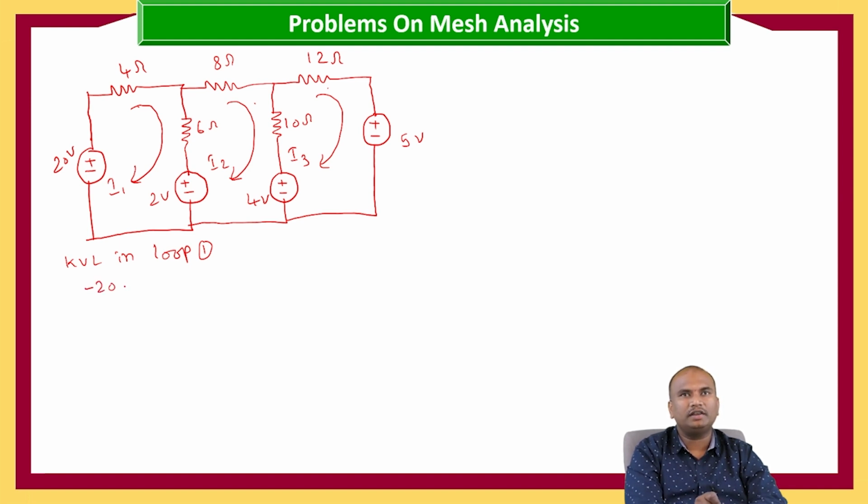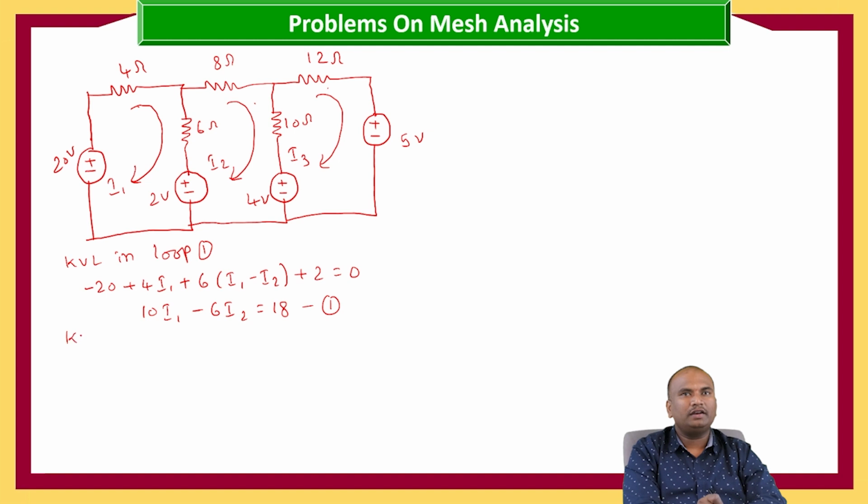So minus 20 plus 4 into I1 plus 6 into I1 minus I2 plus 2 is equals to 0. That is equals to 4 plus 6, 10 I1 minus 6 I2 equals to 18. This is our equation number 1.